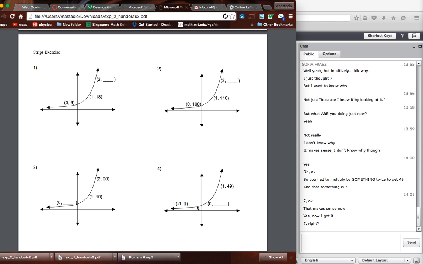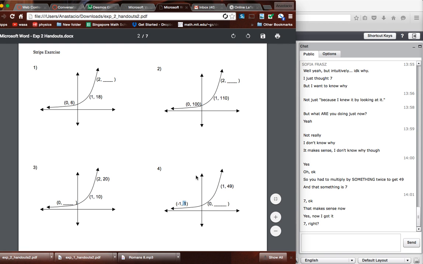And the big tip off for me was when I looked at this, I said, okay, well if a is 1, then this would be 7 to the 0th power, and there would be a 1 here. But I don't think that there's a 1 there because there's a 1 here. Do you see that? So I think this number is going to be higher than that. It's going to be higher than 1. But I can't really tell because they don't have any tick marks on this graph.